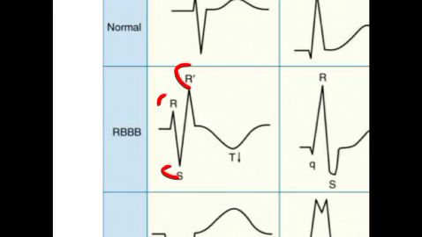So the electrical current comes in the opposite direction towards V1, so it will be positive, as you see here.